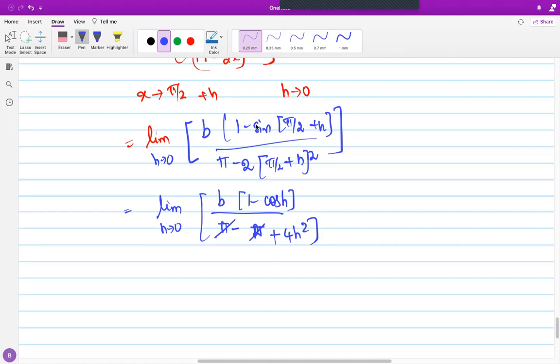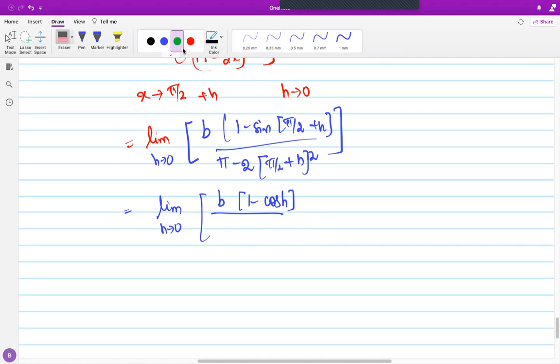Negative into negative, you expand and you would get positive 4h square.